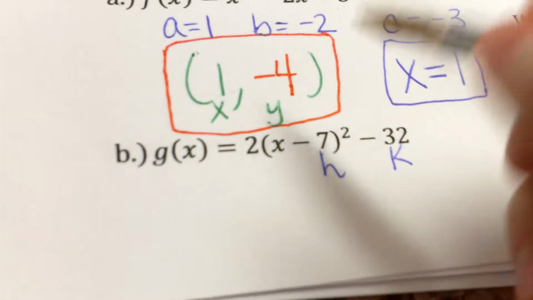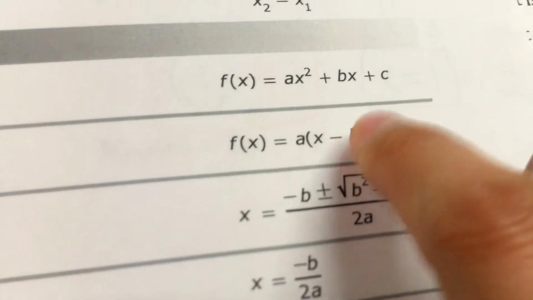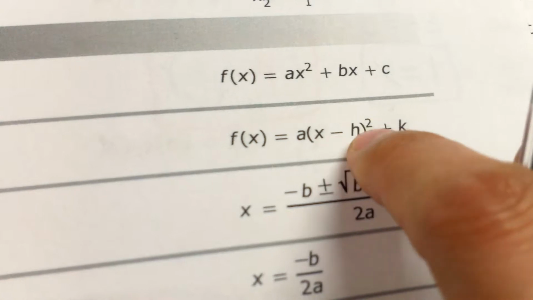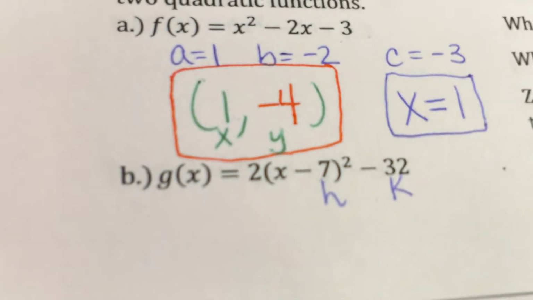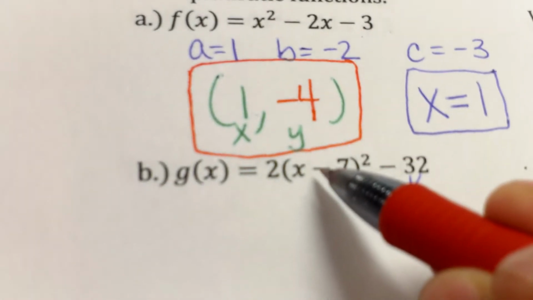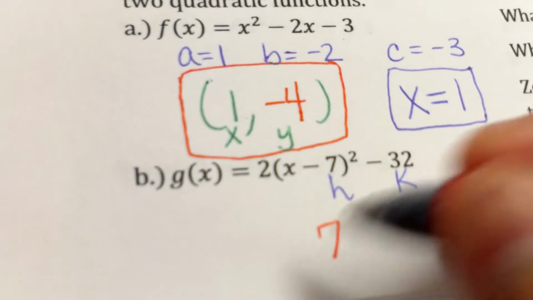Your h is actually, if you notice on the formula, the formula is x minus h. So the h is actually going to be just the number. And so that you don't get confused, basically you just get the opposite sign. So here it's negative 7, so we would get positive 7 as your h.